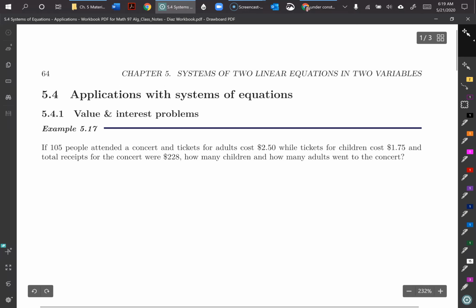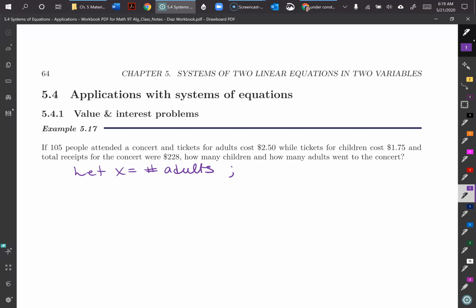So we're going to say, if we have two unknowns here, let X equal the first one, so we'll call that the number of adults. And then instead of saying let 105 minus X equal the number of children, we're going to say let Y equal the number of children.